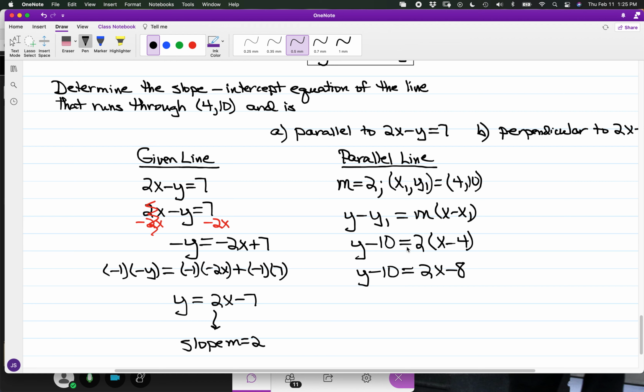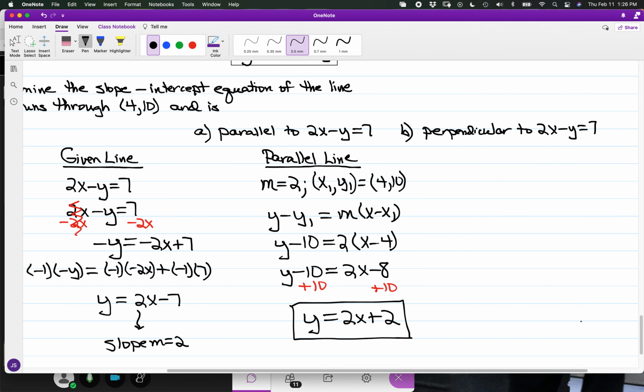And then getting the y term by itself, upon adding 10 to both sides, we have that y is equal to 2x plus 2. Okay, so we have y at 10, x at 4, and 10 is equal to 2 times 4, which is 8, plus 2, which is also 10.